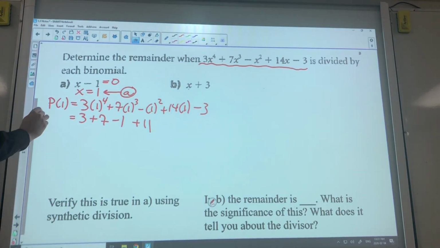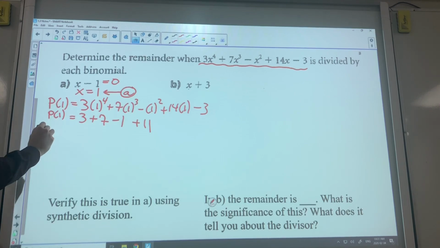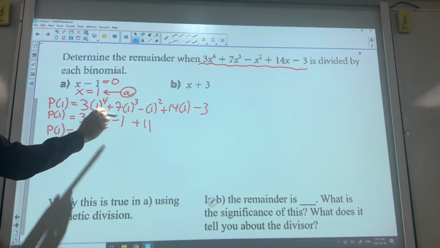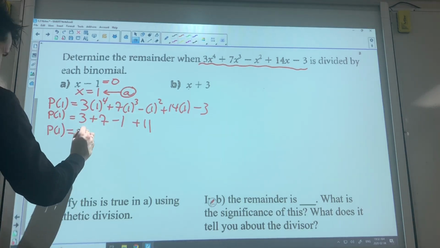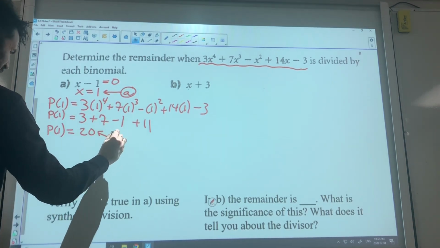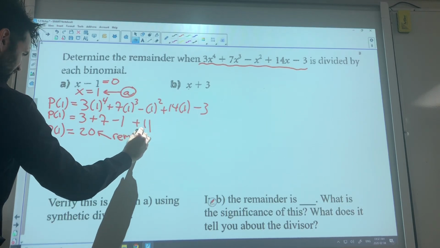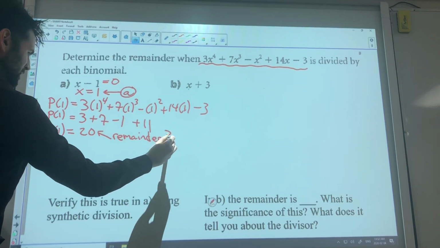Okay? I'm going to recopy my p at 1. Now what do we get there? 10, 9, what is it? Minus 20? Is it minus 20? Wait, yeah, okay, positive 20. So apparently that's the remainder. Oh, yeah. So I'm just going to write remainder, question mark.